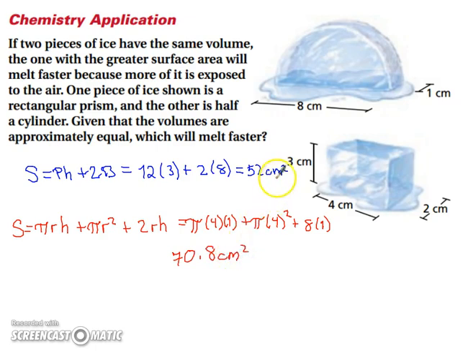So if you look, our rectangular prism has a surface area of 52 centimeters squared, whereas our half a cylinder has 70.8 centimeters squared.